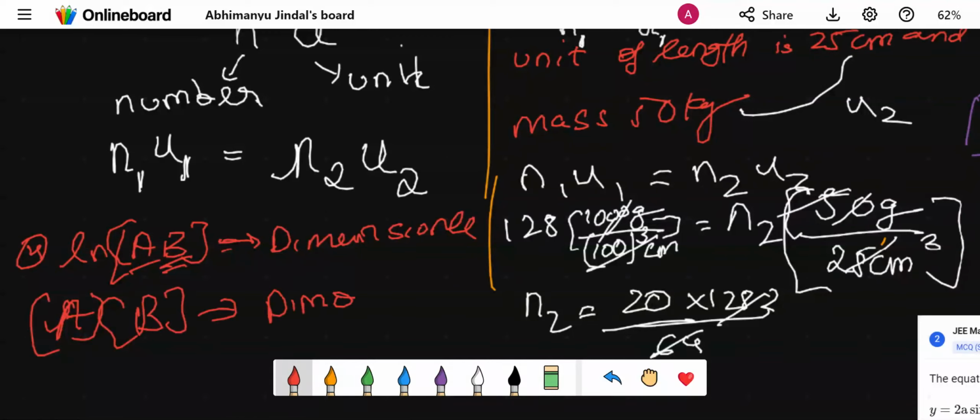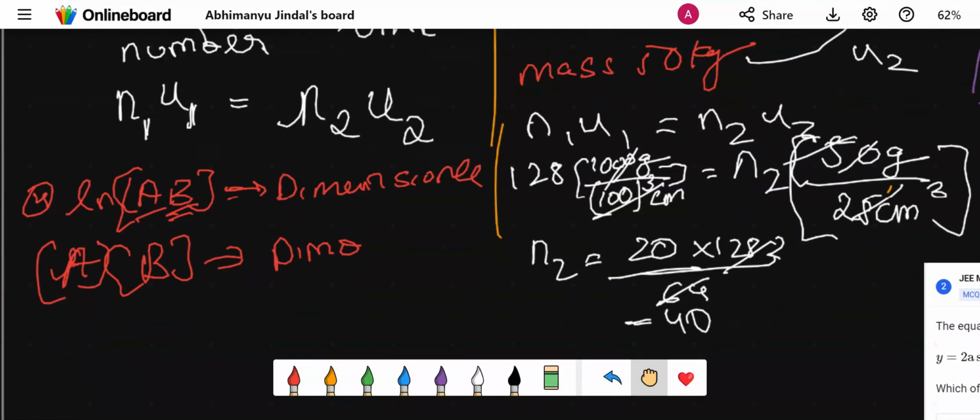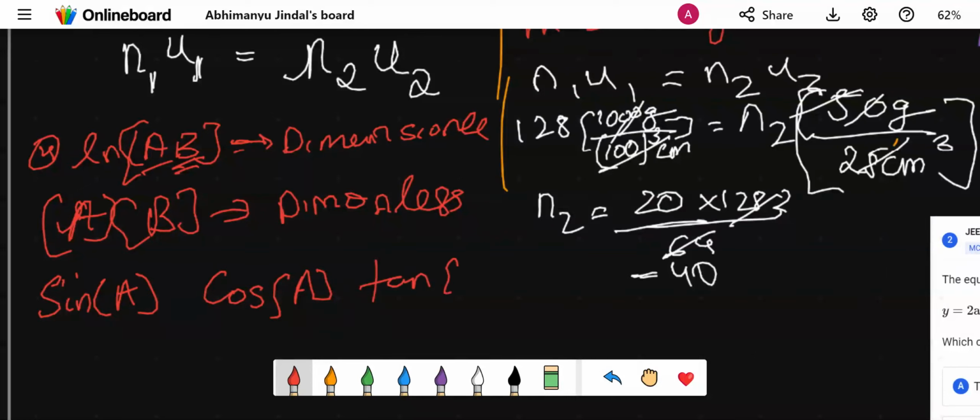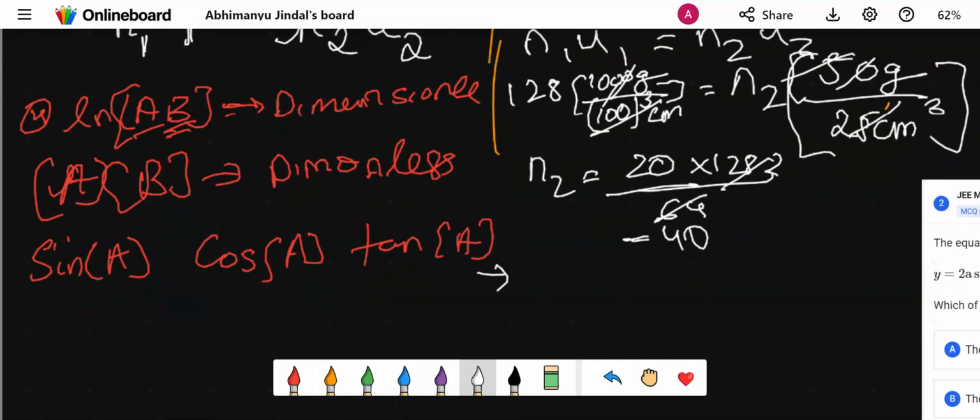So anything inside ln and the whole ln, both of them are dimensionless. So when I say sine of a, or cos of a, tan of a, or anything, you guys feeling me, right? All three of these are dimensionless.